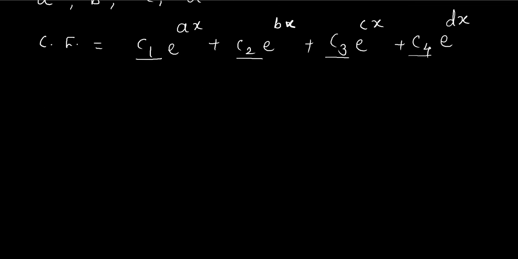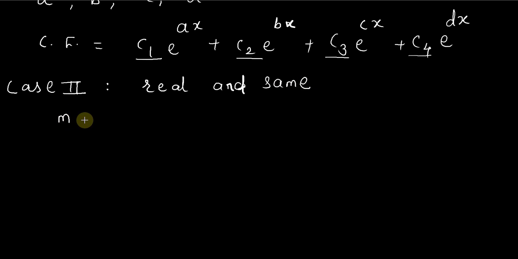Now let's see the second case. Roots are real and same. Let the auxiliary equation have degree 2. So we get 2 roots.